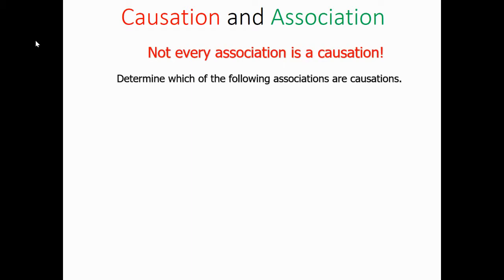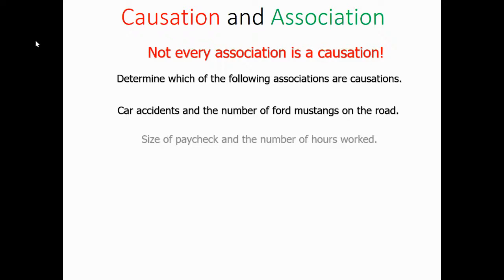Not every association is going to be a causation. Two things can be related to each other, but one doesn't necessarily cause the other to happen. For example, car accidents and the number of Ford Mustangs on the road. Those two things are associated, but the number of Ford Mustangs doesn't necessarily cause the number of accidents. The size of a paycheck and the number of hours worked.